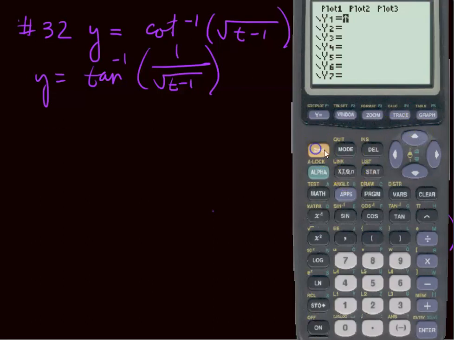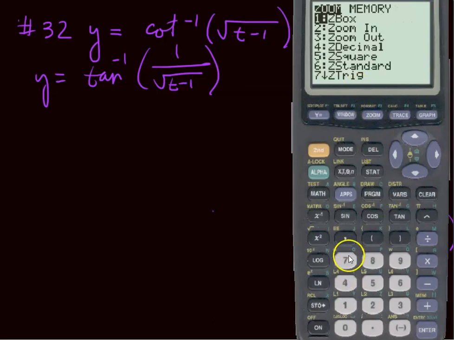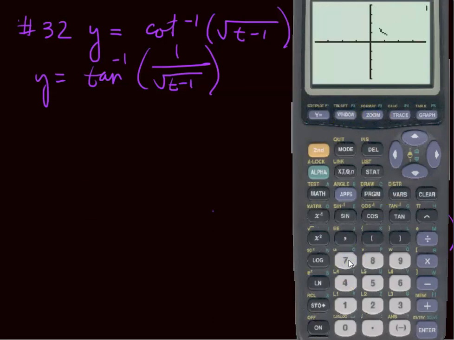But I need the inverse tangent of 1 divided by the square root, in parentheses, we've got to use x, minus 1, close the square root, close the tangent, inverse tangent. Let's zoom Trig just to see what it gives us. So the inverse tangent is just this.